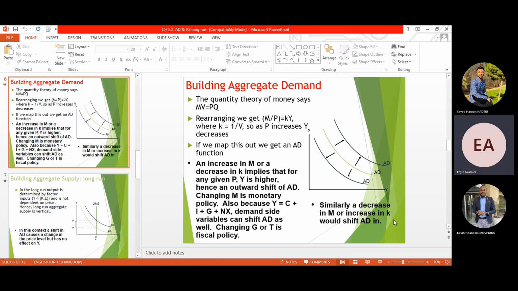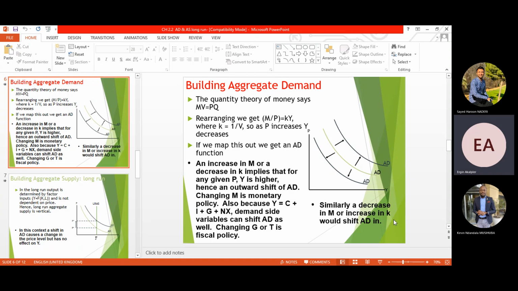As you are going to see on the graph, if you are increasing Y, the price is supposed to be reduced, or vice versa. If you are increasing the price, Y is going to be reduced, or Y is going to be enlarged if the price is down, because aggregate demand depends on lower prices. If you have cheaper prices, then you enjoy shopping. Therefore, aggregate demand is promoted when prices become smaller.